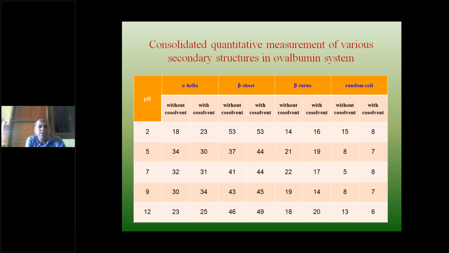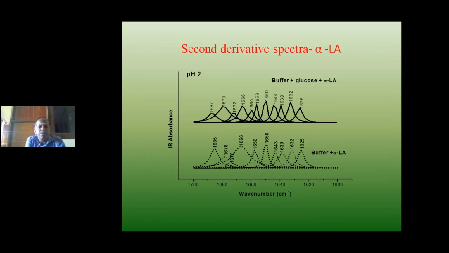The increase in alpha helix may be taken as a regaining of structure, whereas the other one is the denatured structure. So the consolidated statement confirms that the addition of glucose or fructose, or in general the co-solvent, improves the secondary structure, and thereby it is confirmed that the protein has regained its original state if sugar is added to it.